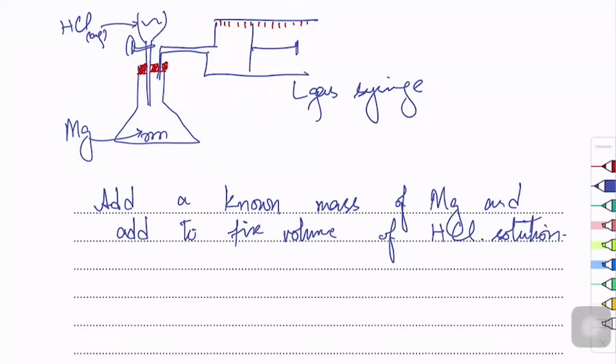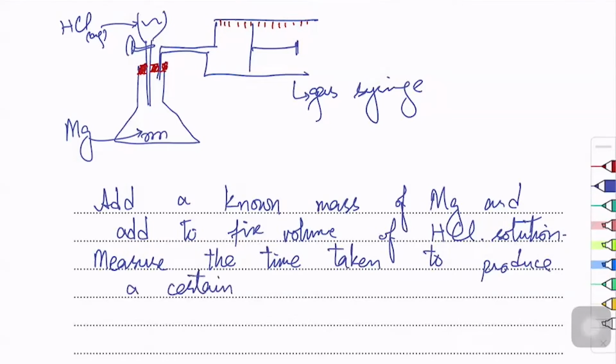Now, obviously, the gas syringe will fill with gas. So I've already mentioned that. Now I need to make sure how long it takes for gas to reach a fixed volume. So measure the time taken to produce a certain volume.